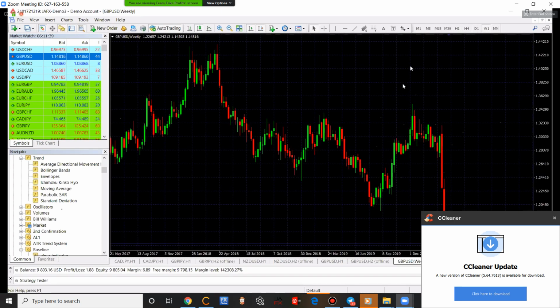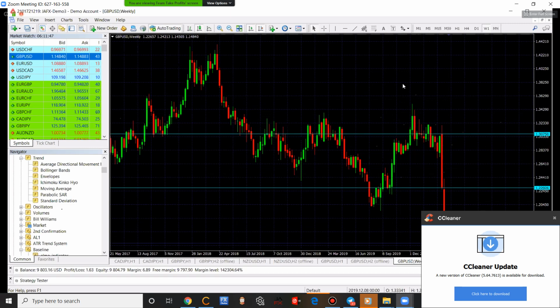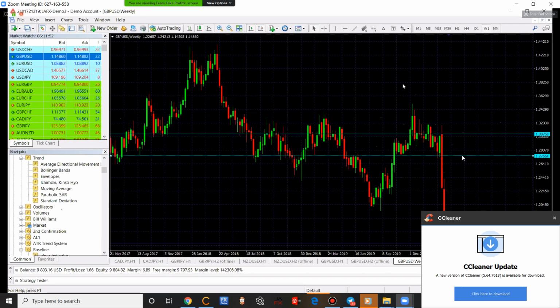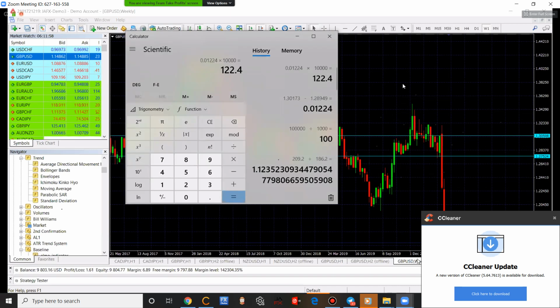Okay, so for the weekly, let's take a look at one candle here. The reason why you need a big account: let's just use the green candle to be a little less exaggerating here. That big candle would have wiped a small account out.